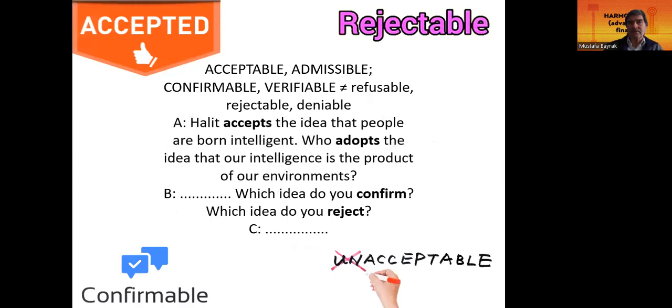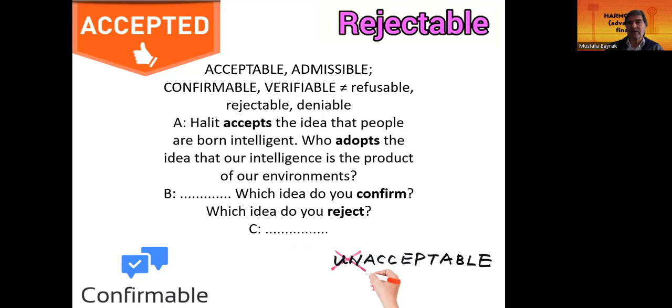Accepted, acceptable, admissible, conformable, variable are the opposite of refusable, rejectable, deniable. And if you say accepted, it means that you confirm it. Okay.